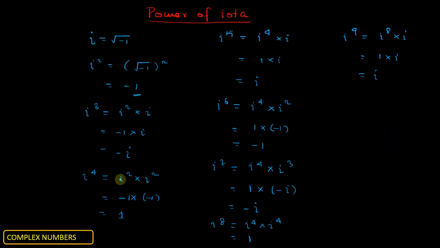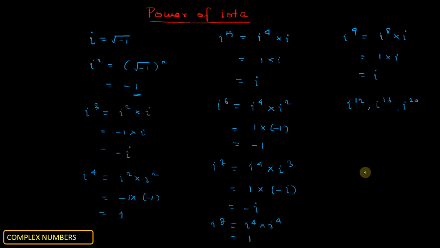So what we are observing here, when we have power as multiple of 4, like iota raised to 4 is 1, iota raised to 8 is 1, next for what value of power? The value will be 1, iota raised to 12. Similarly, iota raised to 16 will be 1, iota raised to next 20 will be 1.